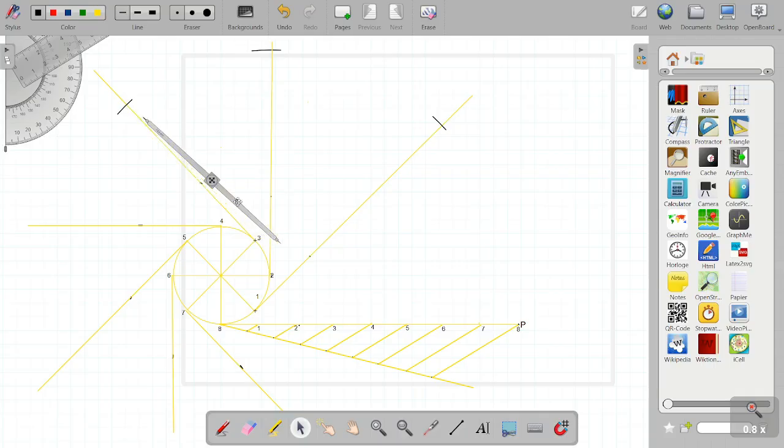Now next, again following the same pattern, we'll keep the compass at point 4, measure the distance from point 4 to point P, then keep the compass at point 4 on the circle, which will become the center, and then cut an arc on the tangent from point 4.